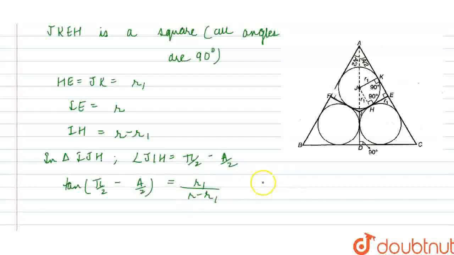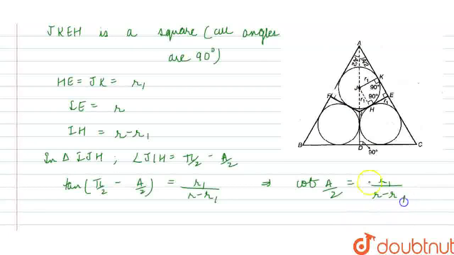So now, solving it, tan of pi by 2 minus angle changes to cot. So therefore, cot of A upon 2 is equal to R1 upon R minus R1, correct? So this is R minus R1 in the denominator.